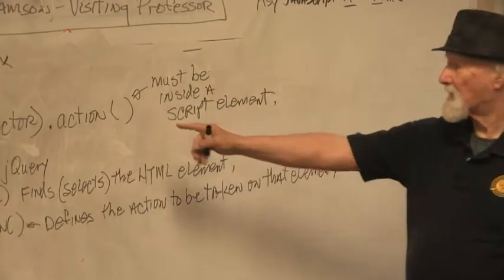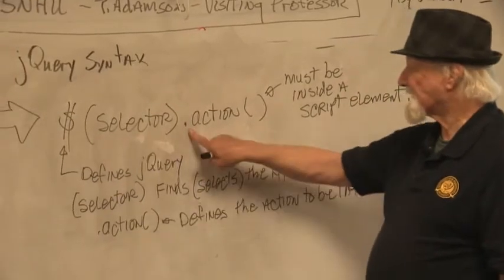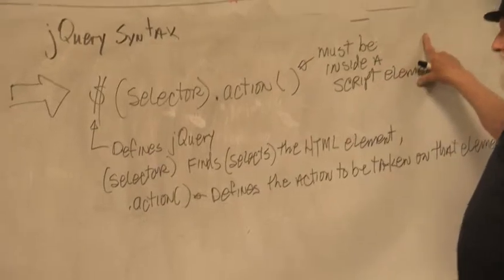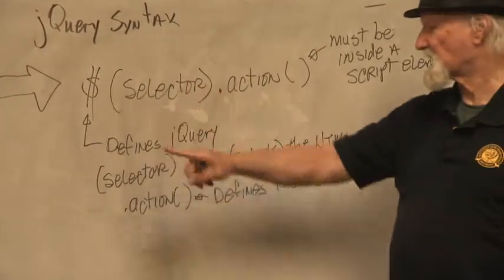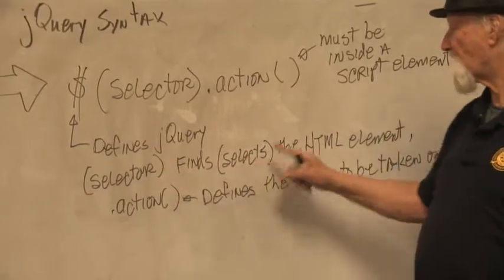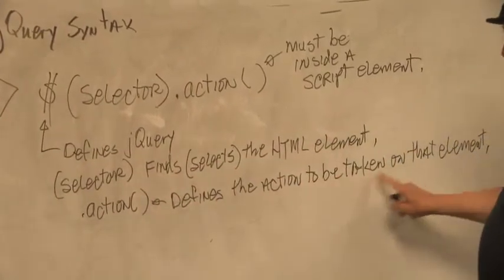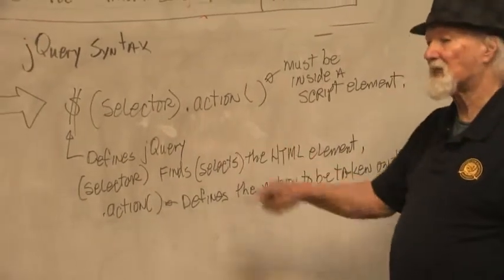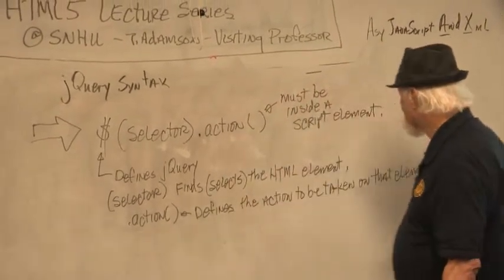So the basic syntax is $, selector, and then dot action, and it has to go inside the script element in the HTML document. The $ sign defines that this is jQuery. The selector finds or selects the HTML element. And the action defines the action to be taken on that selected HTML element. We'll give a few examples before we wrap up this lecture. Okay?